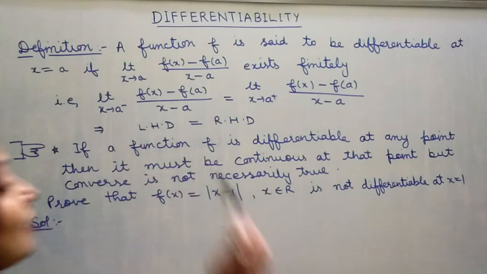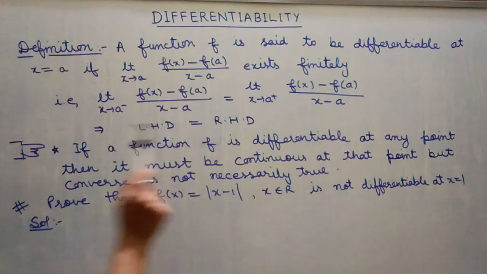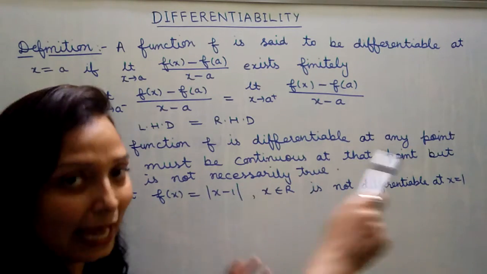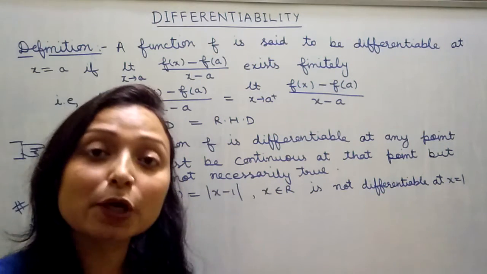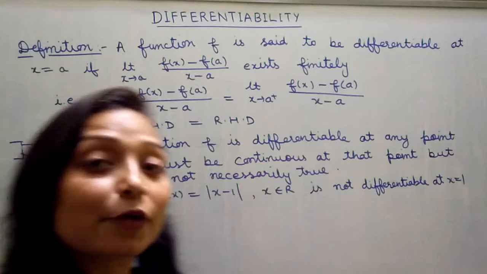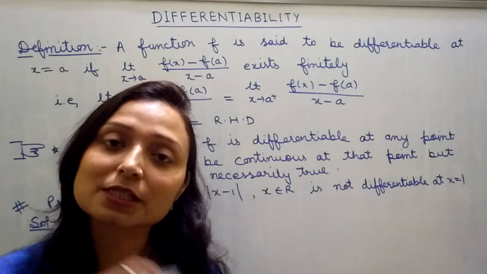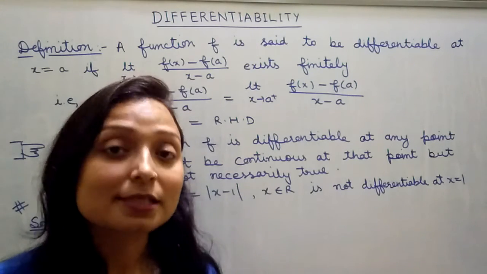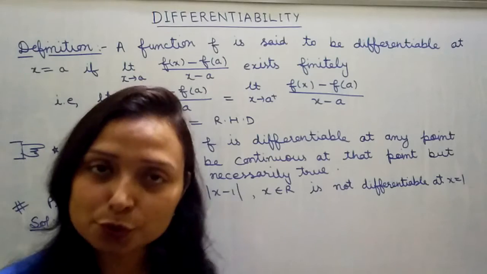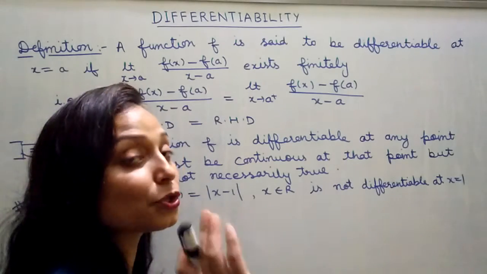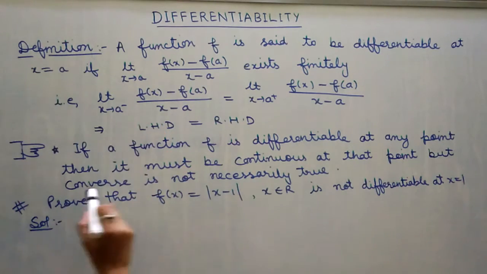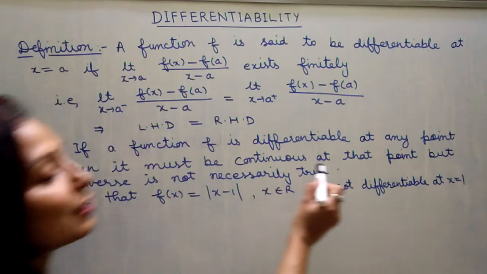Now come to the main point. If a function is differentiable at any point, it must be continuous. But if a function is continuous, it is not necessarily differentiable. The converse is not necessarily true.